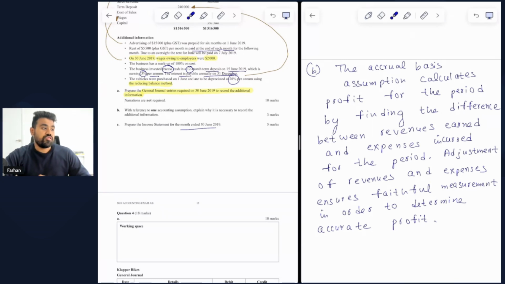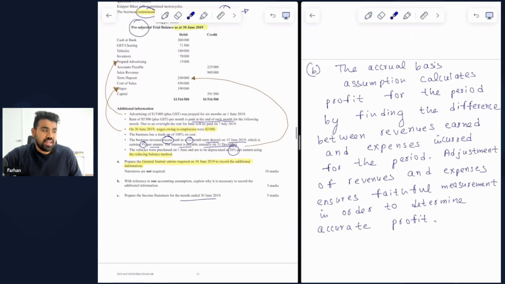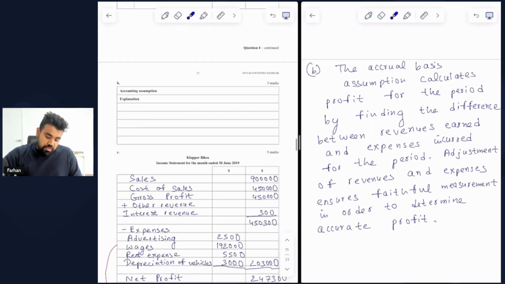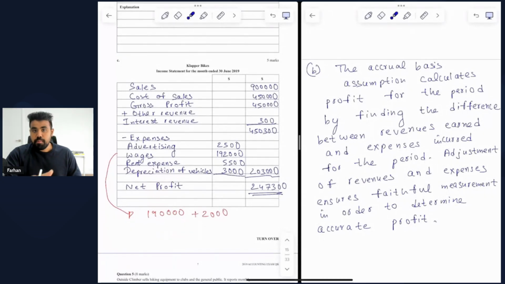Next, the last thing is to prepare the income statement for the month ended 30 June 2019. This is going to be pretty straightforward, and I believe you remember all the numbers that we have used so far. To begin with, we start with the revenue, which is the sales, and that is $900,000, and then we subtract the cost of goods sold of $450,000, and we get the gross profit of $450,000.